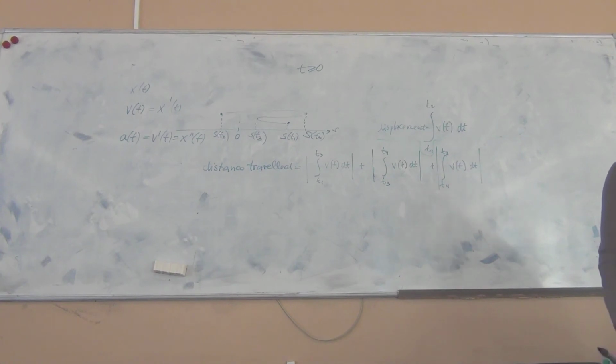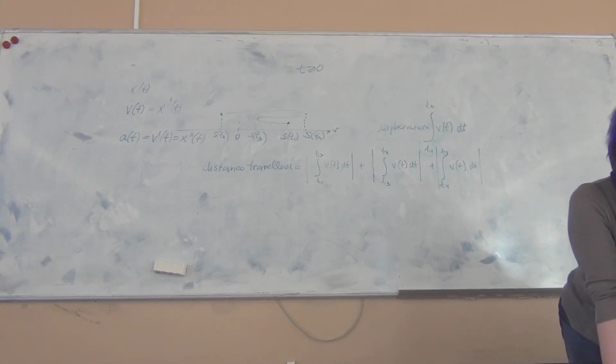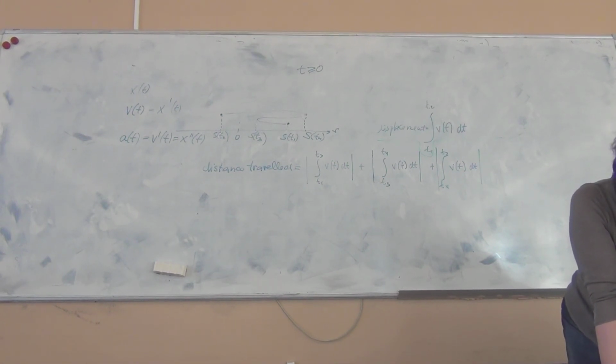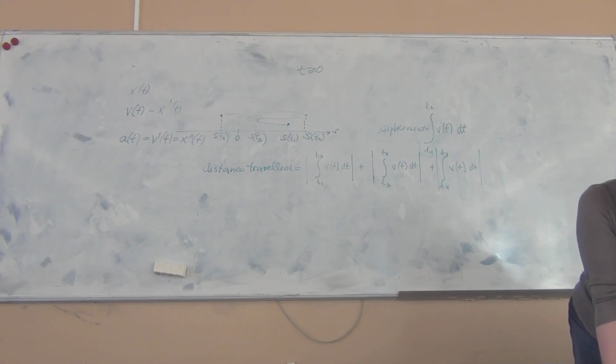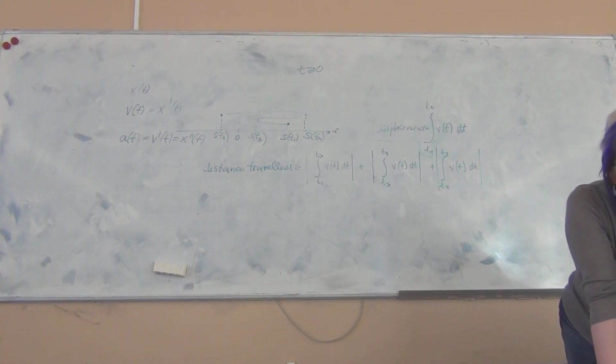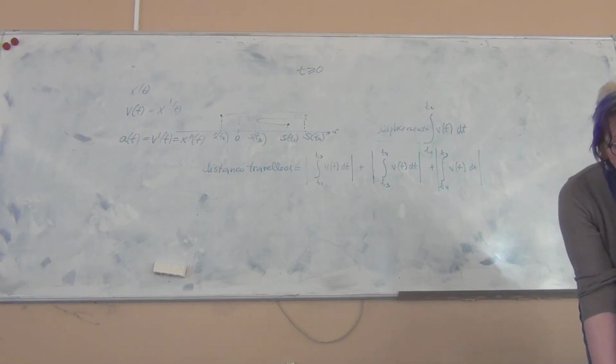So now, if you look at the paper, the signs of velocity and acceleration, and what happens everywhere. So a little bit of interpretation of those darker boxes.